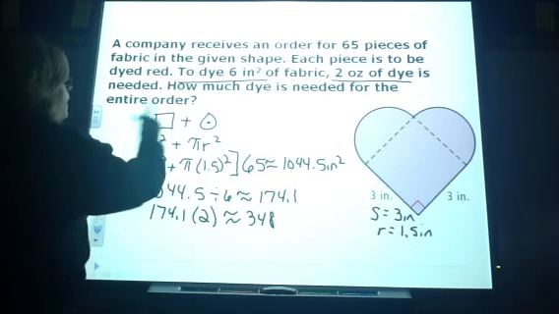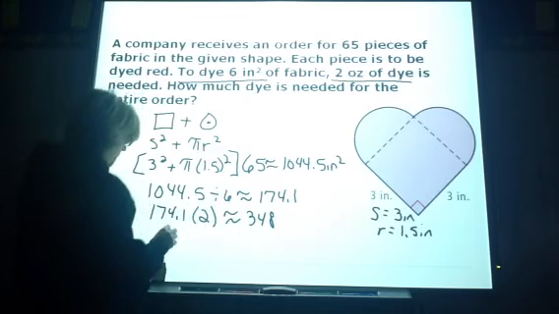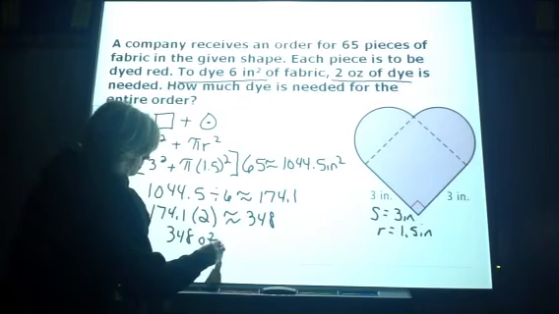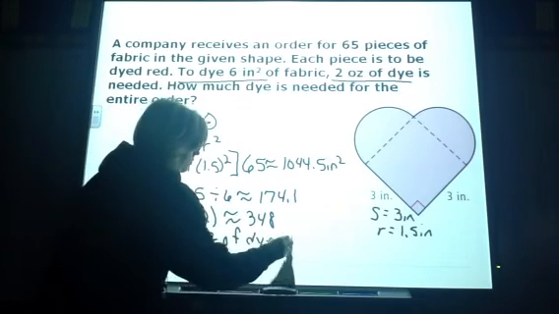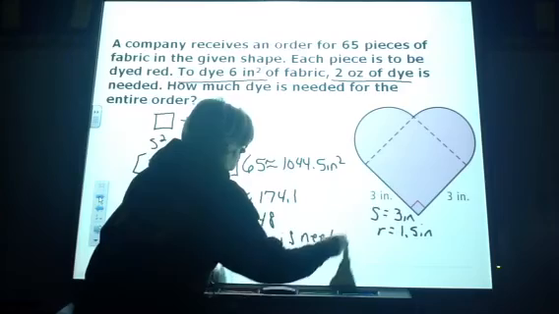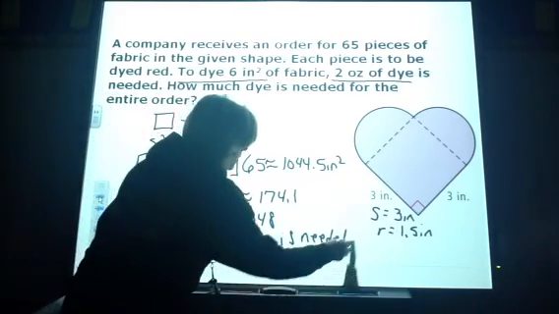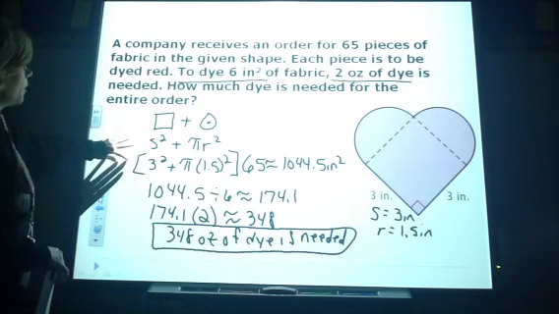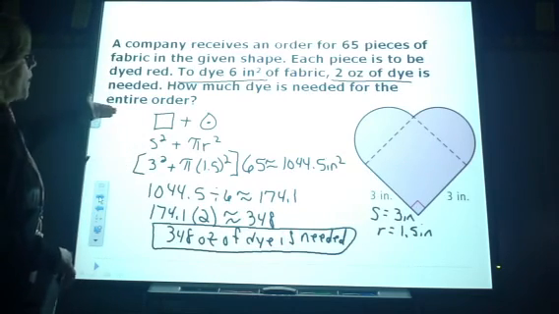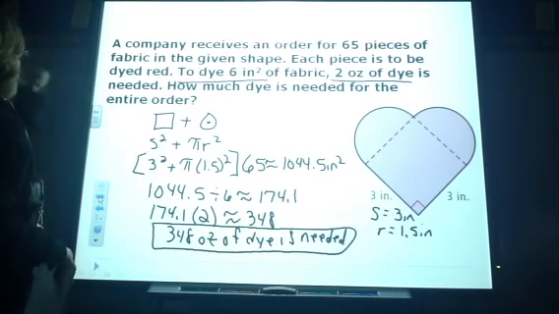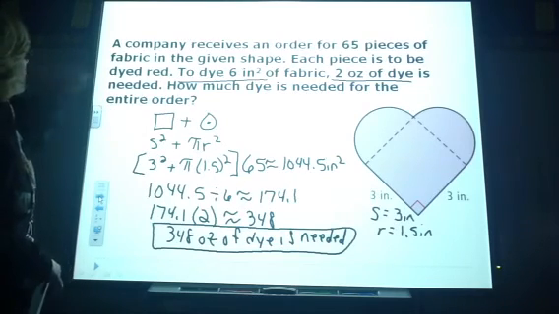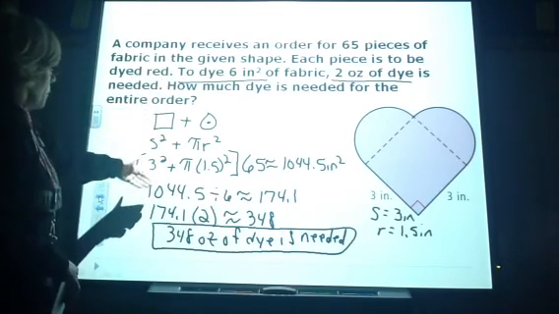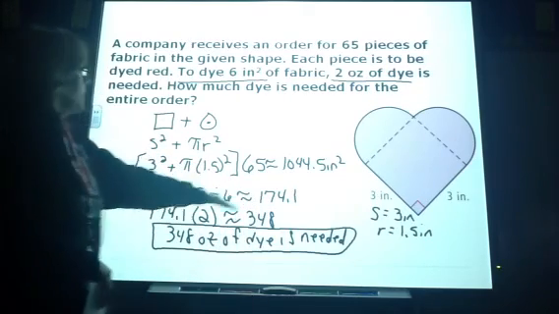So to answer the question, how much dye is needed for the entire order? 348 ounces of dye is needed. So you've got to find the area of the composite figure. You've got to multiply it by 65 because that's how many pieces you need. To dye 6 square inches of fabric, so we need to find out how much fabric and then how much dye.